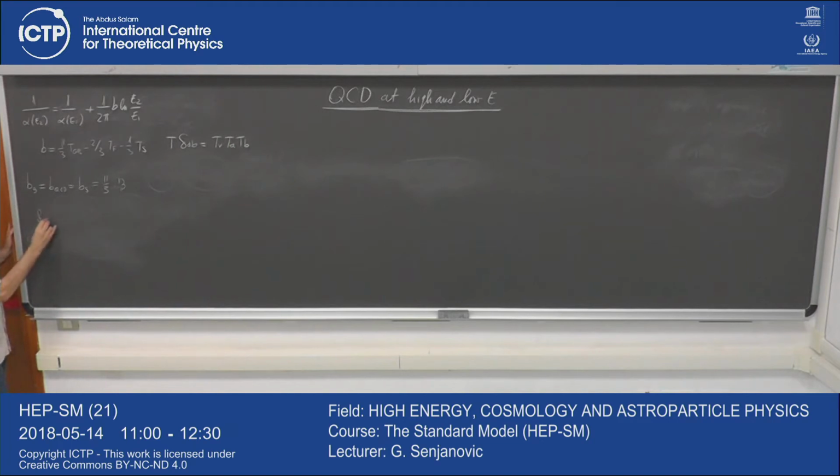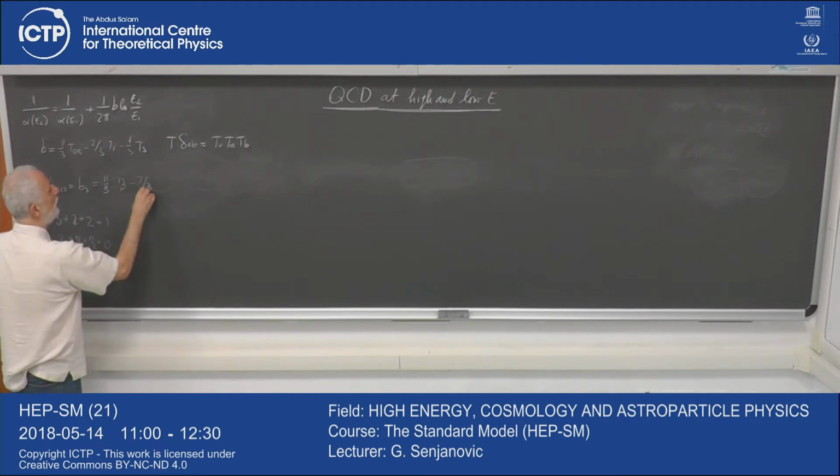We know that the octet of SU3 is a triplet, pions plus a doublet, kaons plus another doublet, anti-kaons, plus a singlet. Each has a contribution I can do explicitly. This is a half, this is a half, this is a 0, so this is 3.